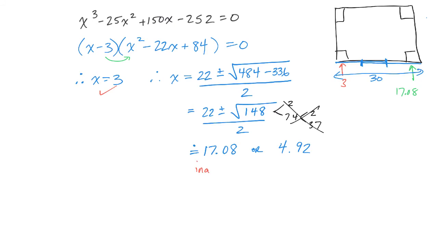And so therefore, we label it as inadmissible. And there you go. So are we okay then with the 4.92 being a dimension? And I'm hoping that we go, yeah, that's possible. I can subtract off a 4.92 from even my shortest side of 20.